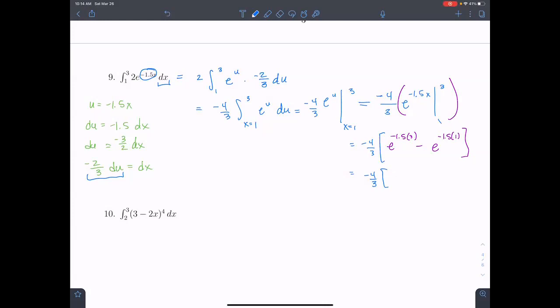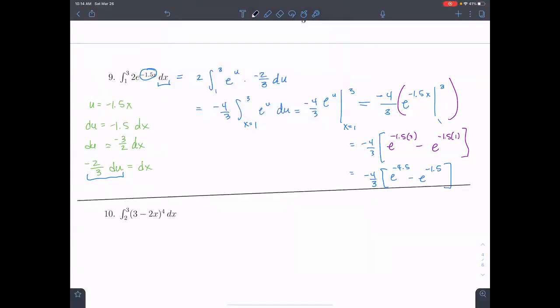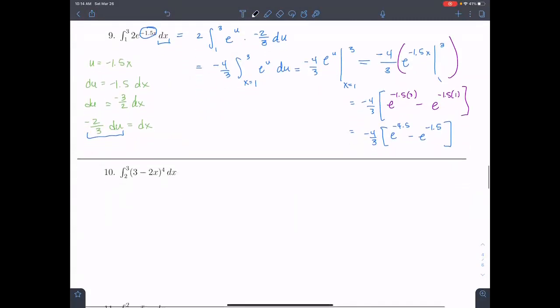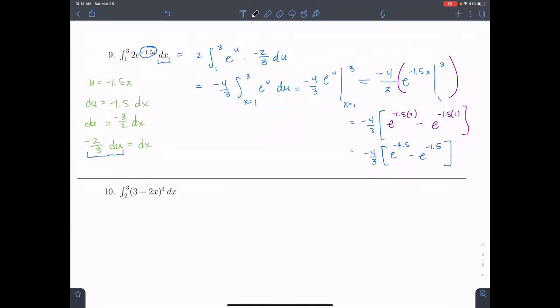So e to the negative 4.5 minus e to the negative 1.5, and just leave that there, or get a decimal approximation. Like I said, I don't have a calculator on me, so that one's kind of messy.